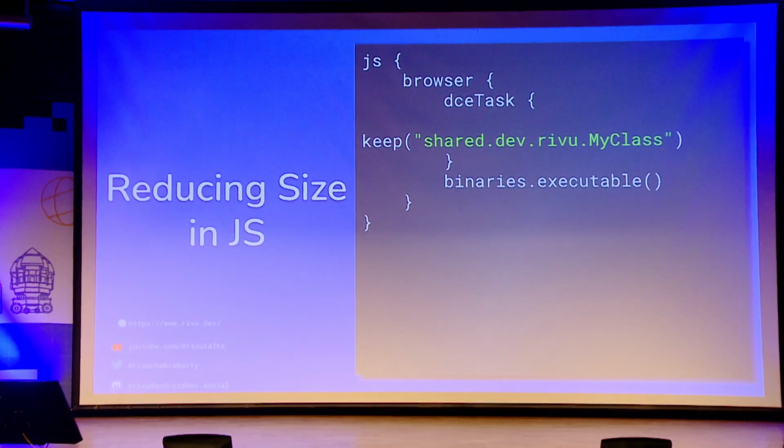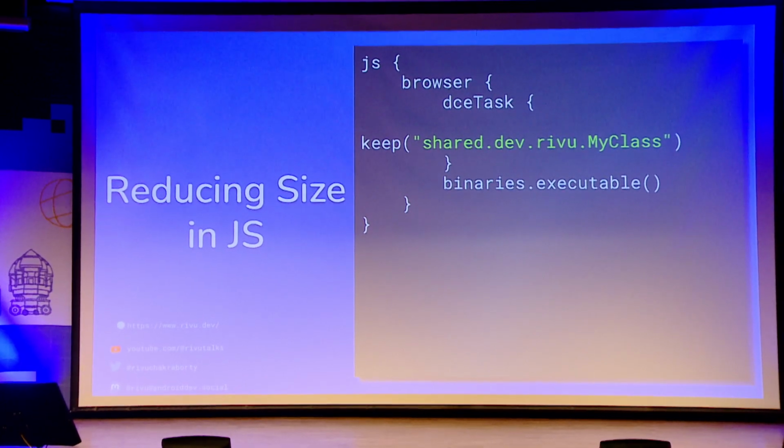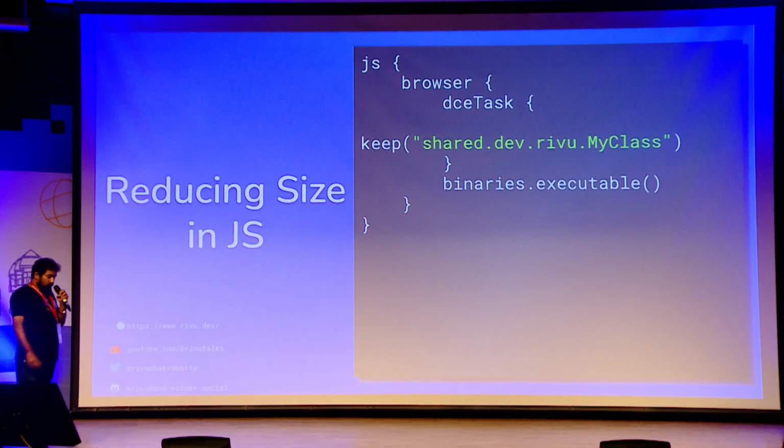How to solve for it? I can't use a 1 GB SDK in my code base, right? Even if I do lazy load, that lazy load will take hours. So how to solve for it? The solution is dead code elimination. Kotlin supports dead code elimination, and you have to enable it like this.